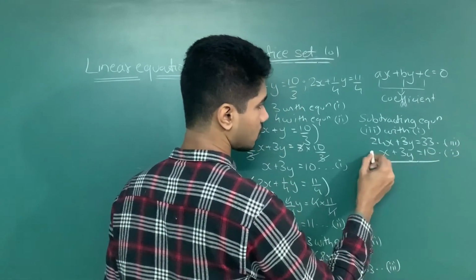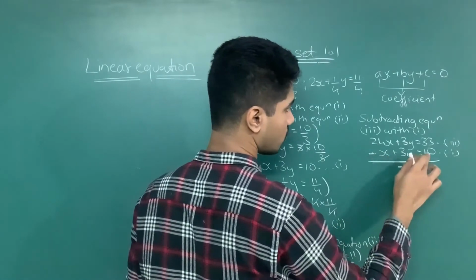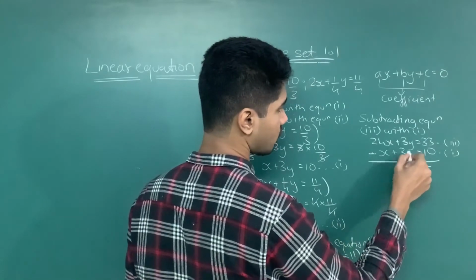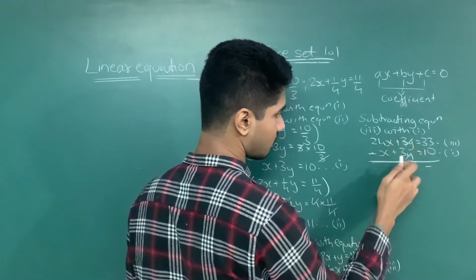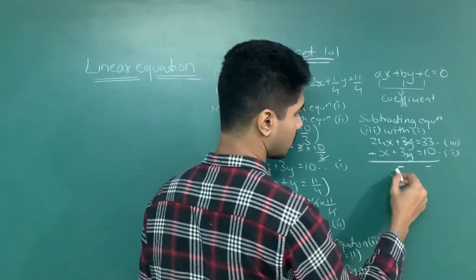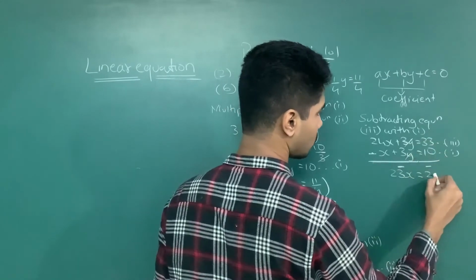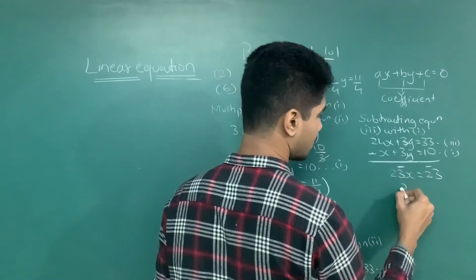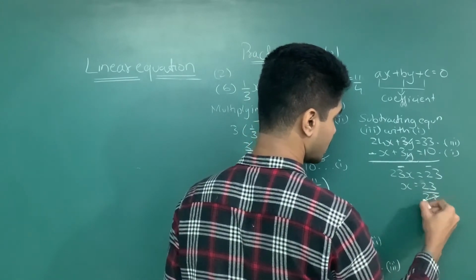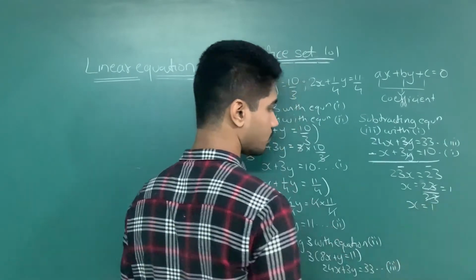So you're subtracting it. So minus plus minus will change to minus. Over here minus plus will change to minus. So 3y and 3y will get cancelled because plus 3y minus 3y. 24x minus x will give me 23x. 33 minus 10 will give me 23. So 23 यहाँ पे multiply है, it will shift that side and it will get divided, which we get as 1. So the value of x is equal to 1.